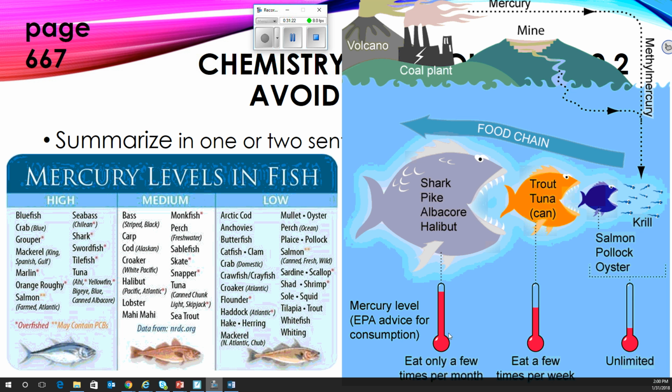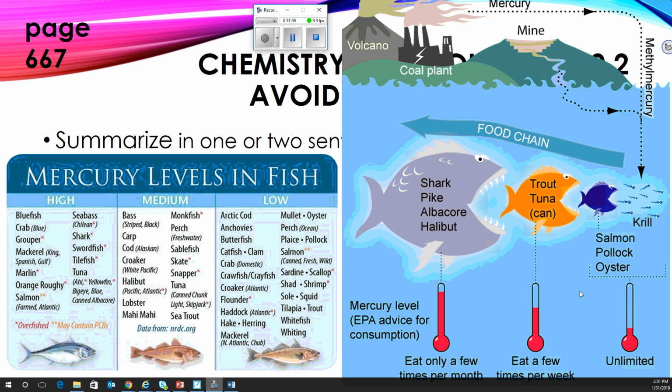So the bigger fish like halibut and albacore have the most mercury in them. Trout and tuna in a can have a little bit less. Now, if you have trout from a river that's constantly flowing and doesn't have a lot of pollutants upstream, then you're probably better off than with a trout or a salmon that is coming in from the ocean.